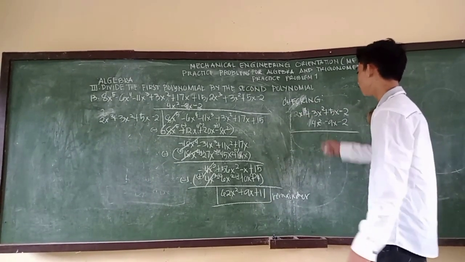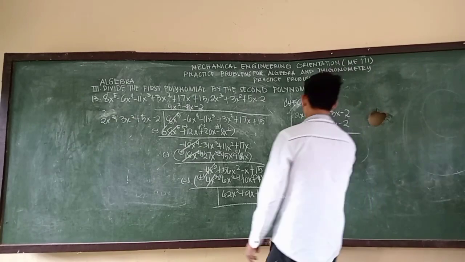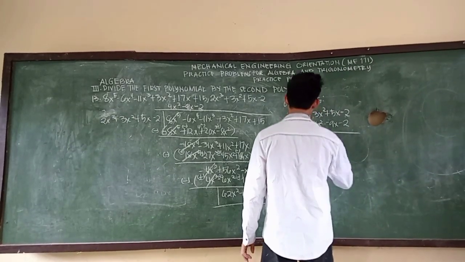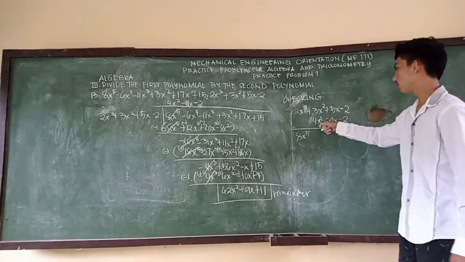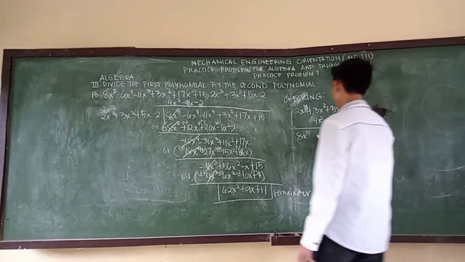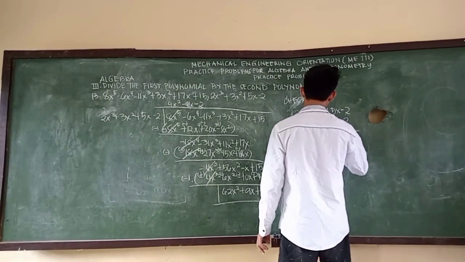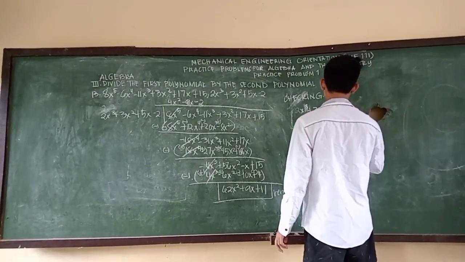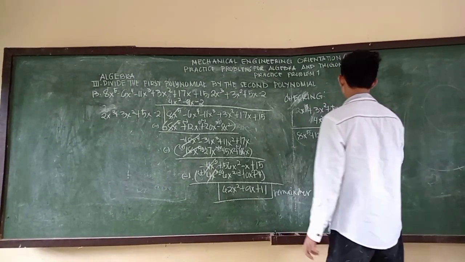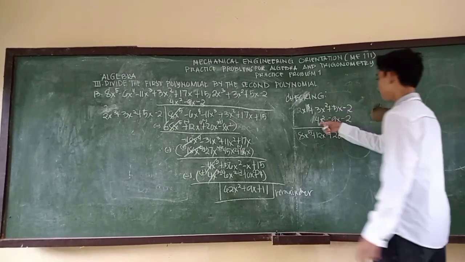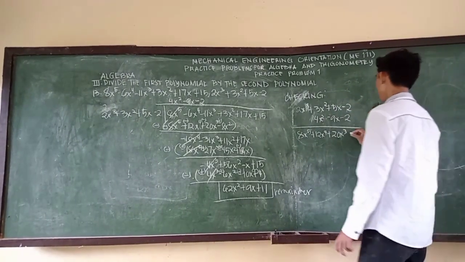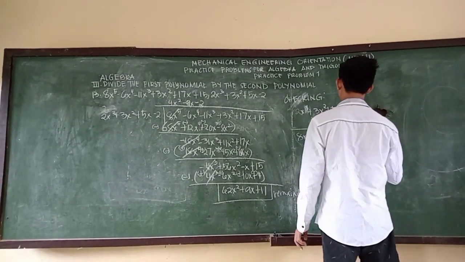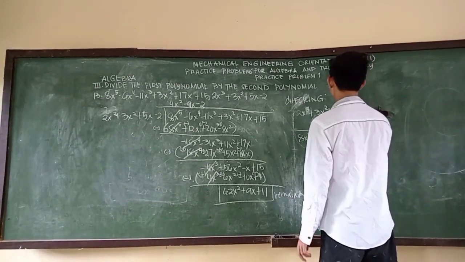4x squared times 2x cubed is 8x to the fifth. 4x squared times 3x squared is 12x to the fourth. 4x squared times 5x is 20x cubed. 4x squared times negative 2 is negative 8x squared.